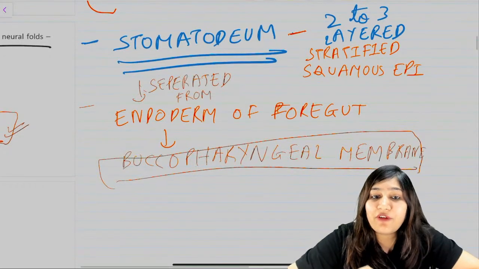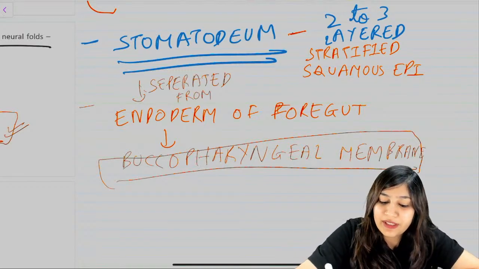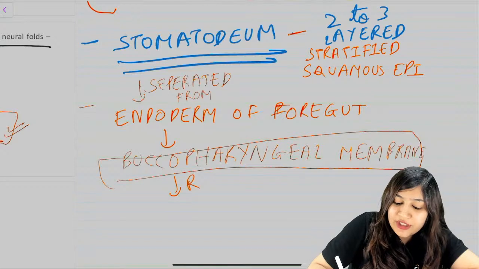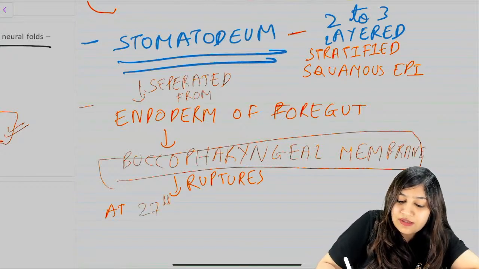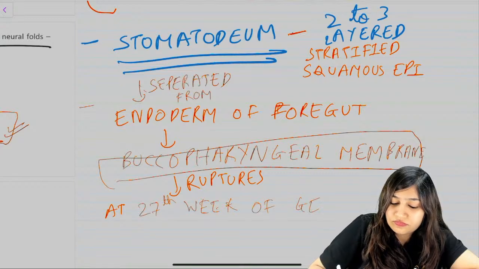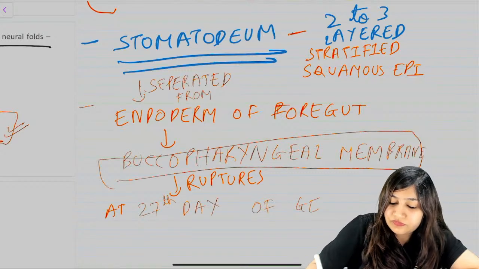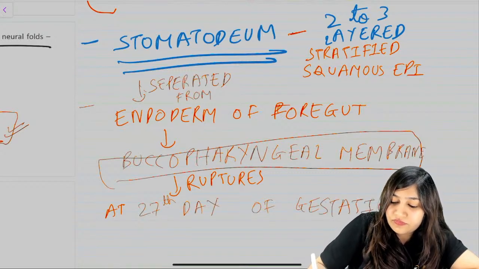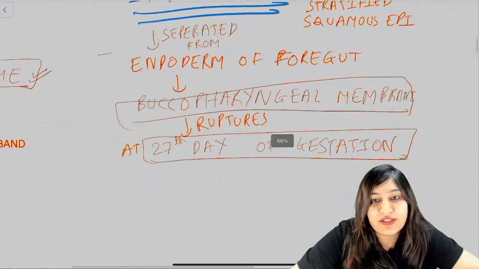So, endoderm of the foregut is separated from the ectoderm by a buccopharyngeal membrane, which ruptures at, sorry, 27th day of gestation. Ruptures at 27th day of gestation.